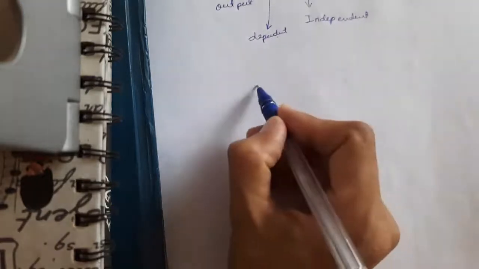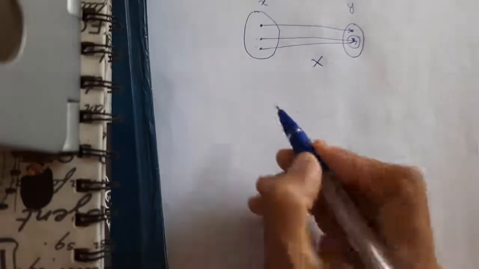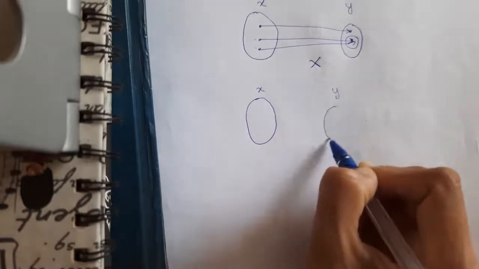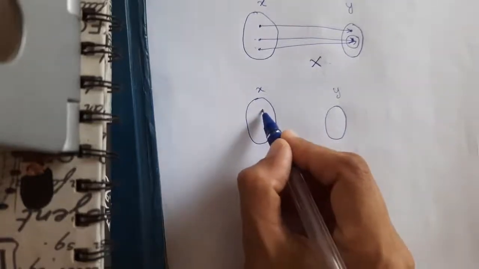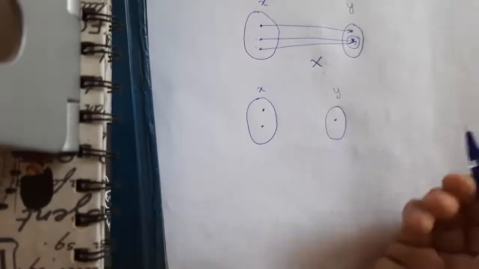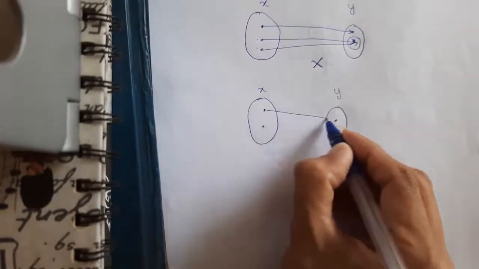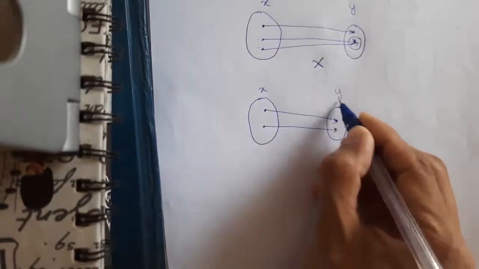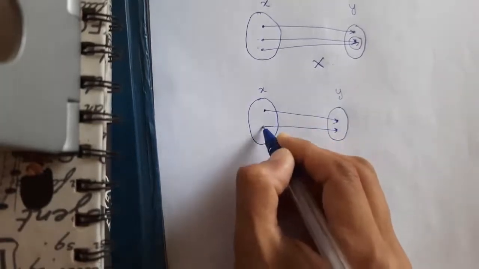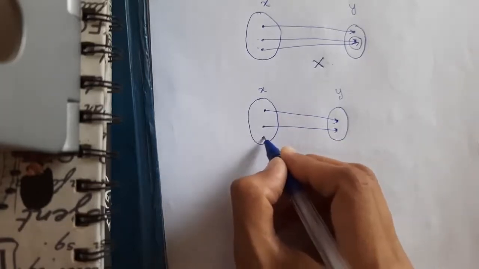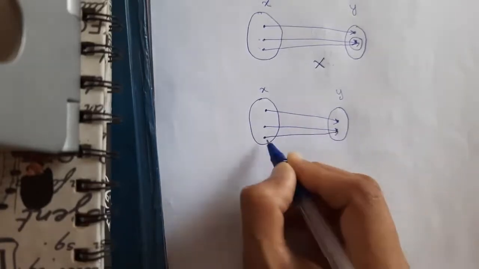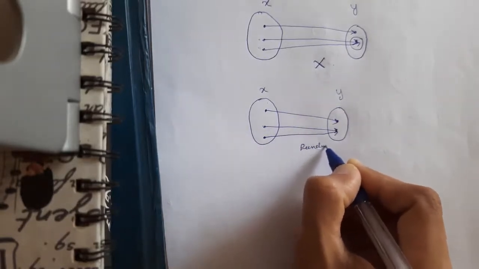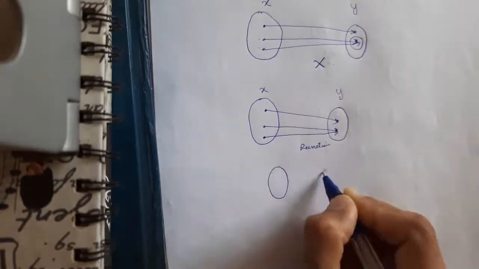So in a Venn diagram, suppose here I have x and here I have y, and suppose I have these values. I should have only one output for one input, or this can also happen. So this is allowed, this is a function, but this is not allowed.